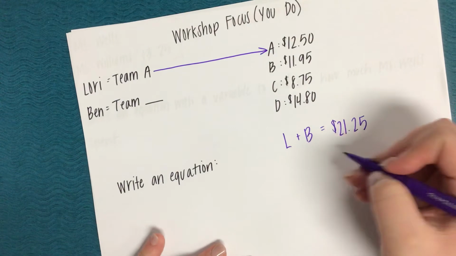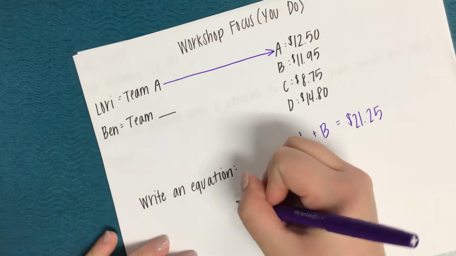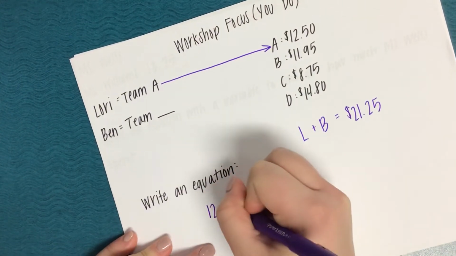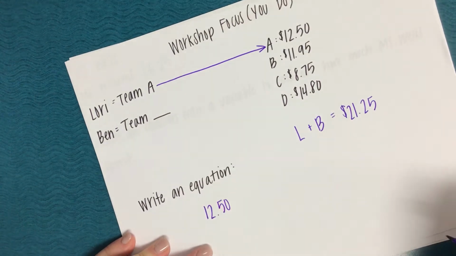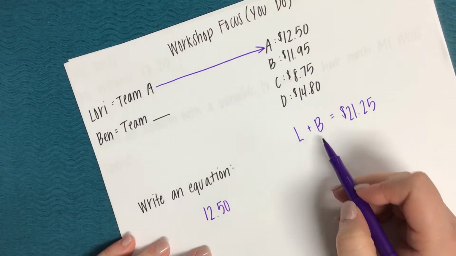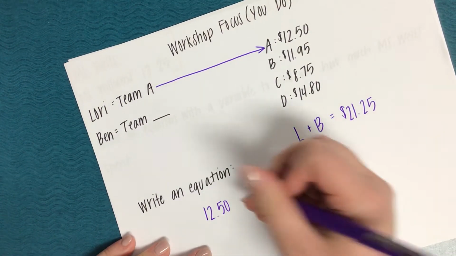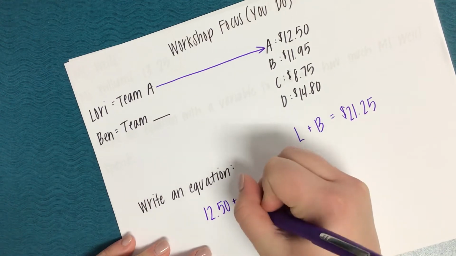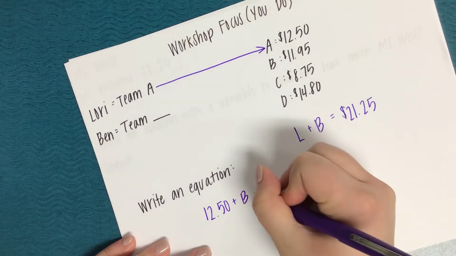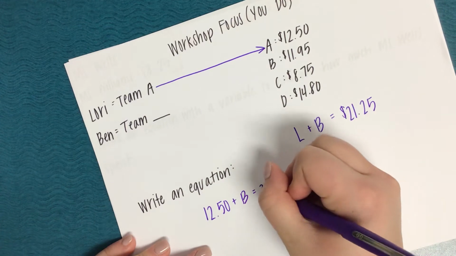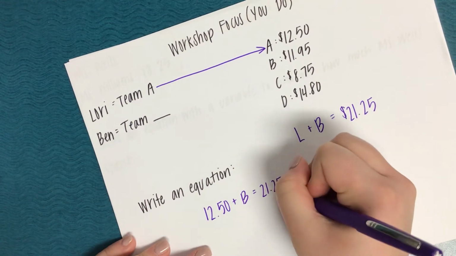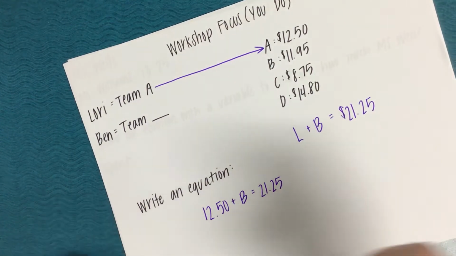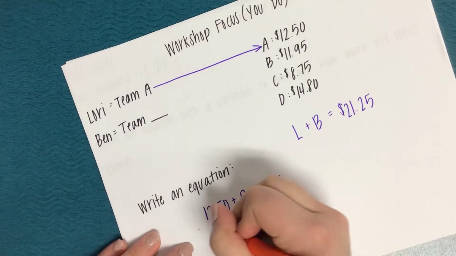We can plug in $12.50 for Lori, but we still don't know what Ben spent on his jersey. So we put plus B, there's our variable, equals $21.25. And then we would solve like we learned last week.